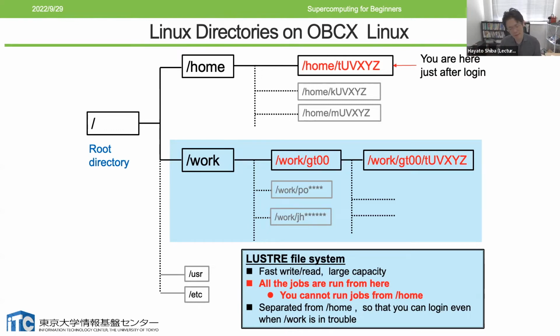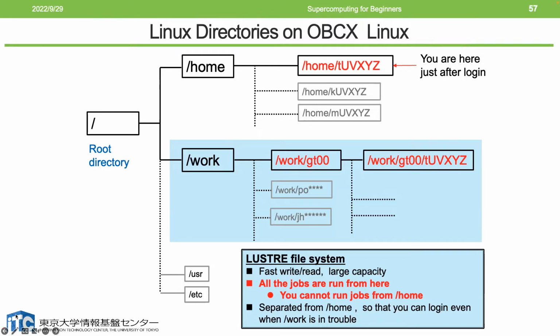This is somewhat annoying and troublesome. So we are separating the Lustre file system from the default login directory, which is the home directory. This was the important part. So any questions up to now? Is it all right with you?